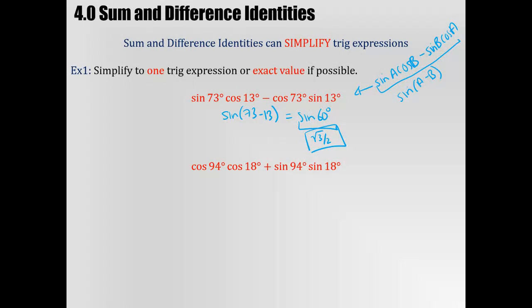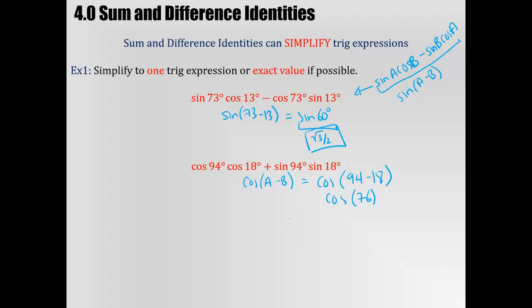So cosine of these two angles plus sine of those two angles is the same thing as cosine of alpha minus, or A minus B. So this is the same thing as saying the cosine of 94 minus 18, which is the cosine of 76.